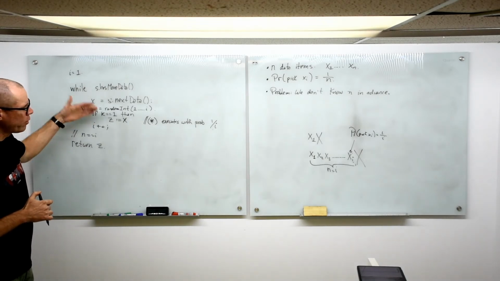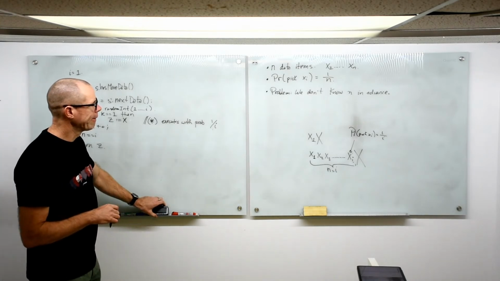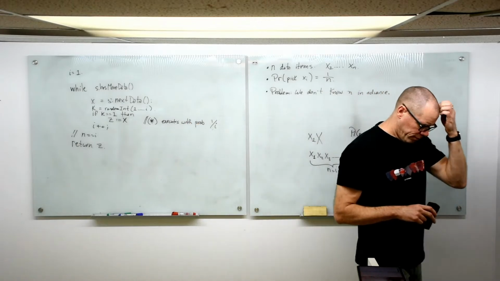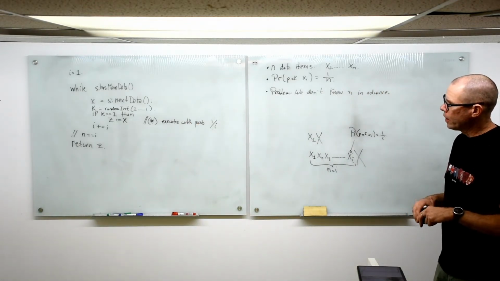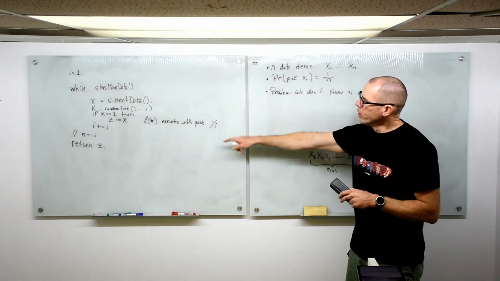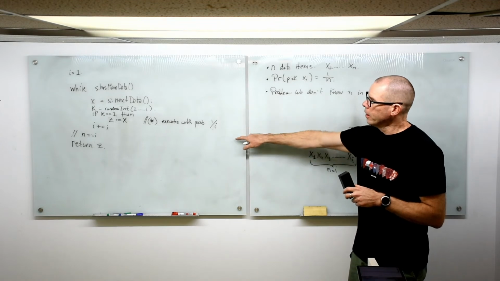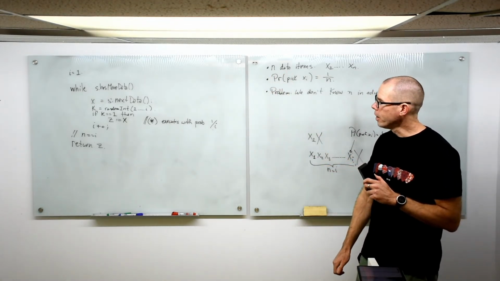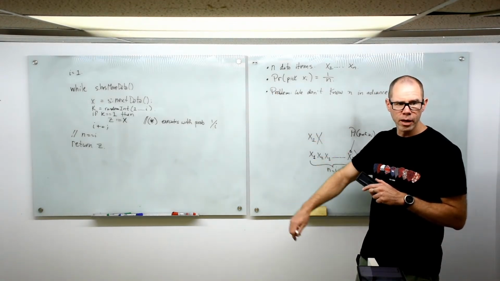So the ith time through the loop, it executes with probability 1 over i. All right. So now I'm going to claim that this algorithm returns a value z, which is equally likely to be any of the n data items that are in my data stream, even though I didn't know n in advance.